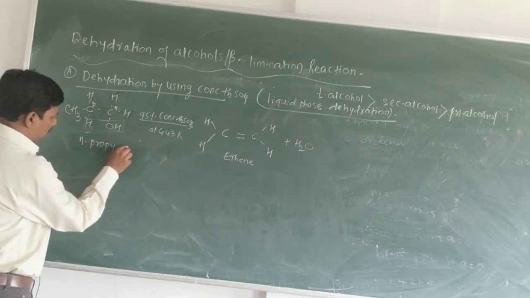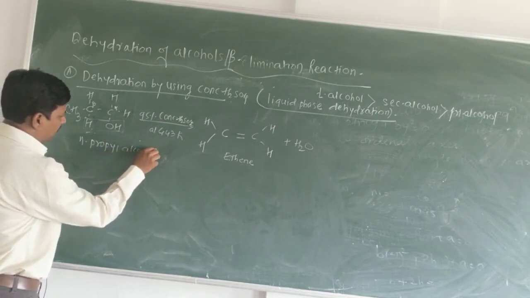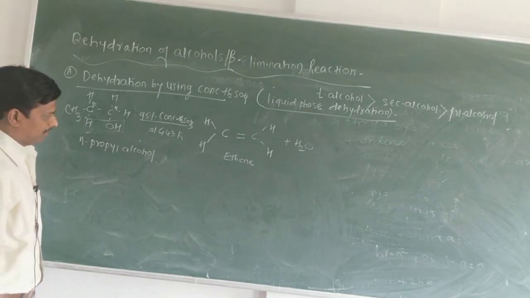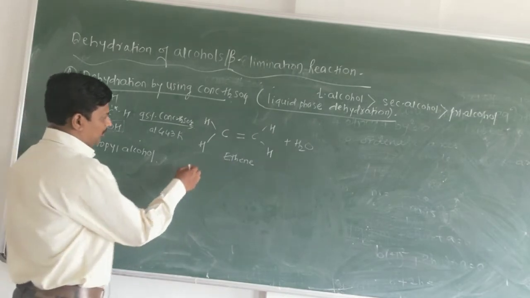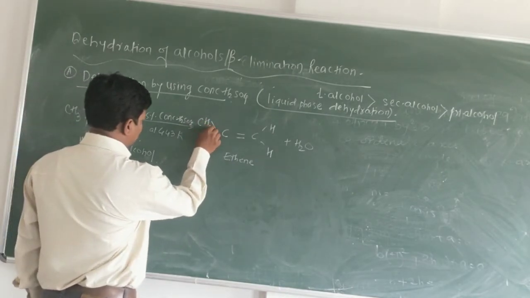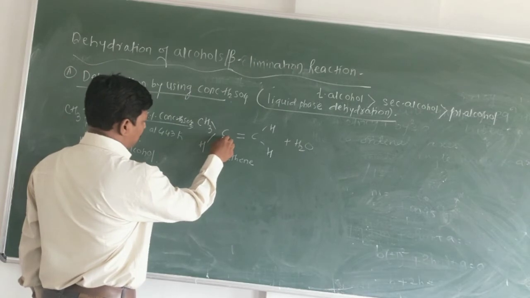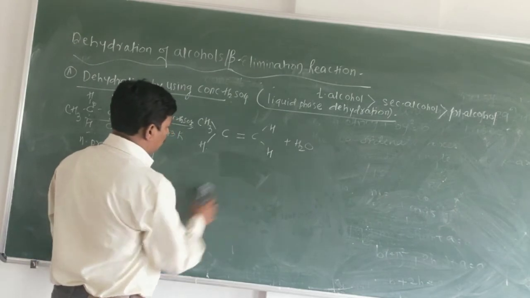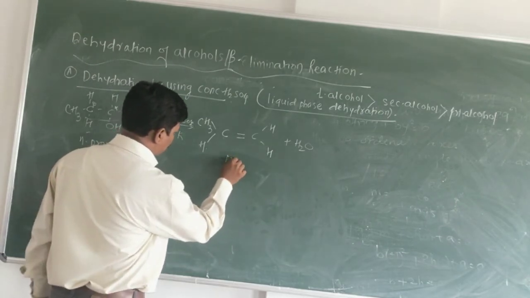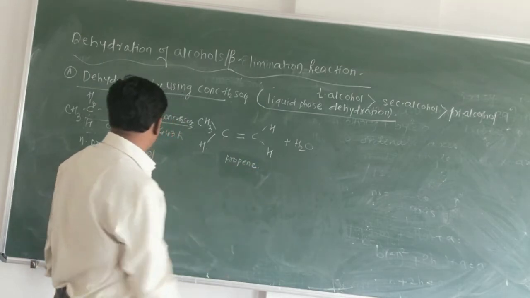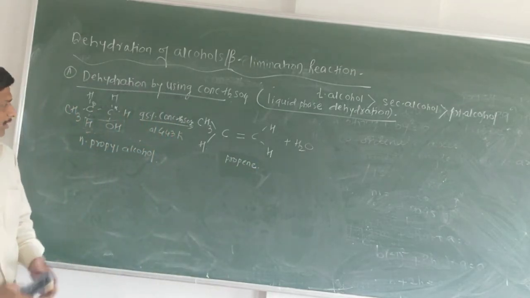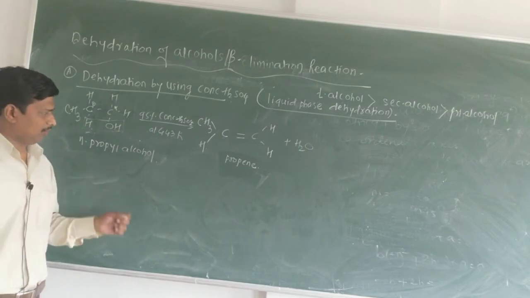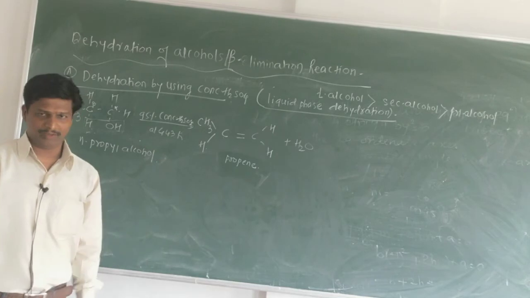Now when this N-propyl alcohol reacts with 95% concentrated H2SO4 at 443 Kelvin temperature, CH3 CH double bond CH2 forms, and the name of the alkene is propene, or propylene. So the reaction is like this: when N-propyl alcohol reacts with 95% concentrated H2SO4 at 443 Kelvin temperature, it forms propene.